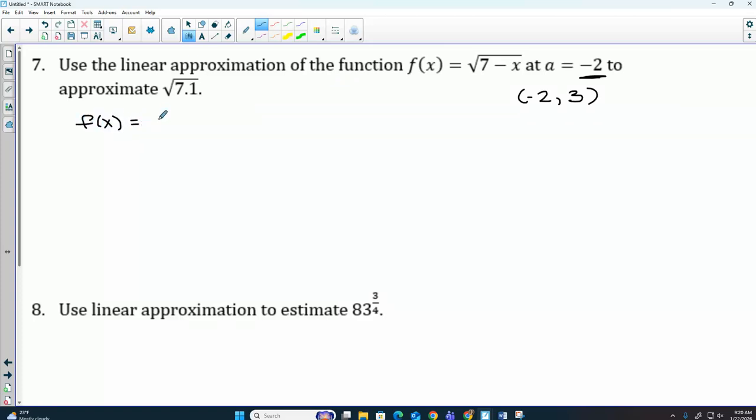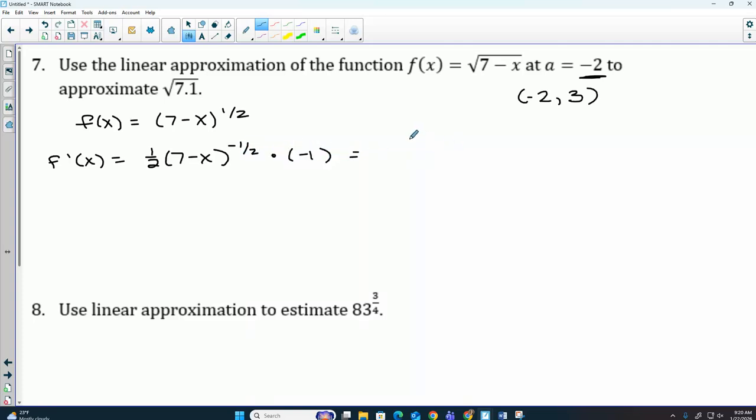is the square root of 7 minus x, or it's 7 minus x to the 1/2 power. How do we get the slope? The exponent comes down, the inside stays the same, subtract 1 from the power, times the derivative of the inside.